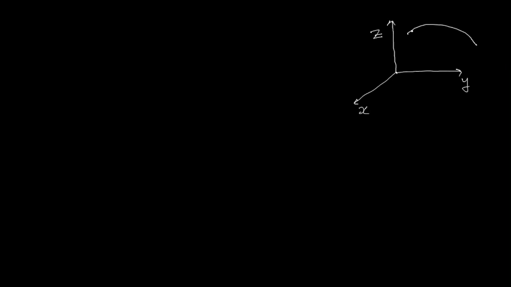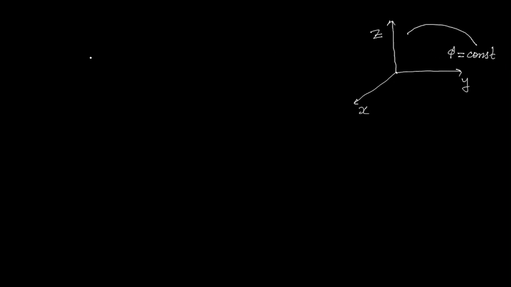A level surface is a surface on which the value of the scalar function is fixed everywhere. So on this surface, the value of phi at every point must be the same, so we can write phi is equal to constant. This type of surface is called a level surface.